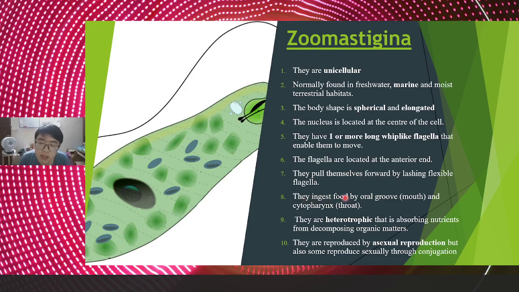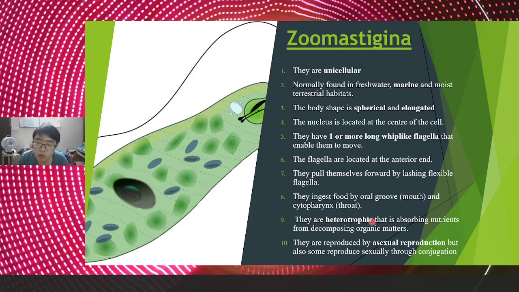And then they ingest food by the oval groove and cytopharynx. This is a special structure of Zoomastigina. The oval groove is like the mouth in humans. We eat food using the mouth, but Zoomastigina eat food using the oval groove and cytopharynx. The cytopharynx is like the throat.